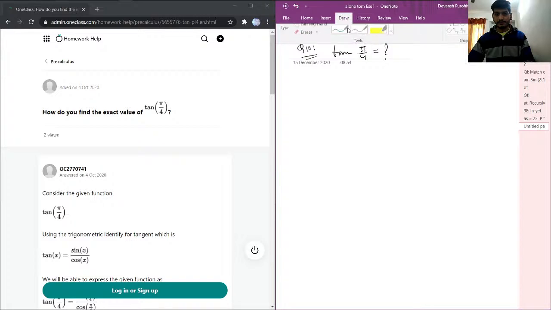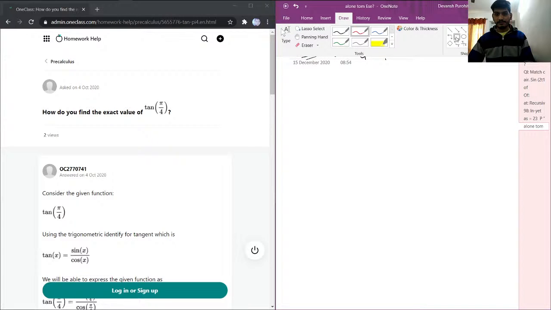Well, to calculate tangent of pi over 4, we have many approaches. We can first use the unit circle. Then second, we can just use the calculator. Then third, we can use a right angle isosceles triangle.